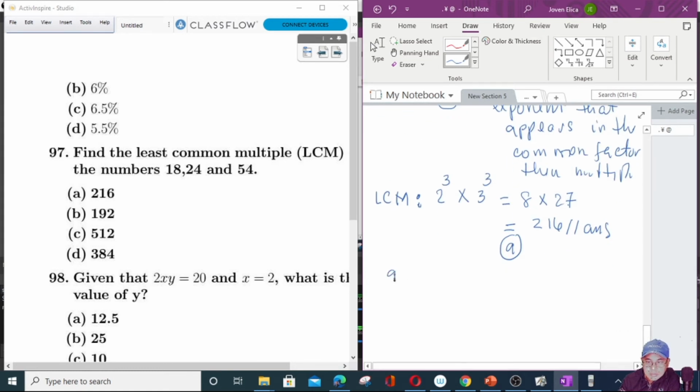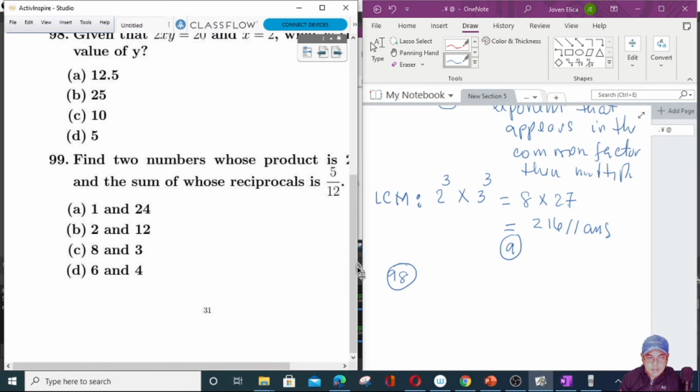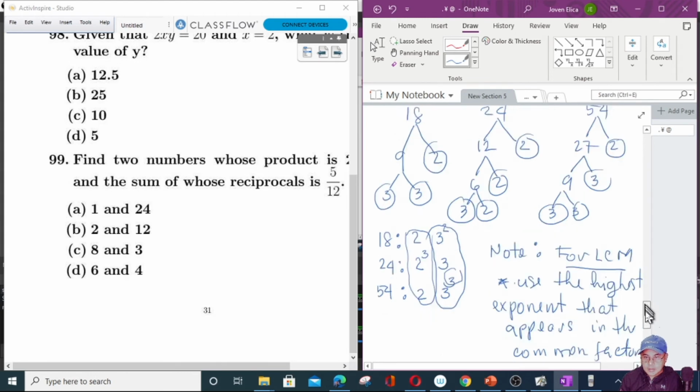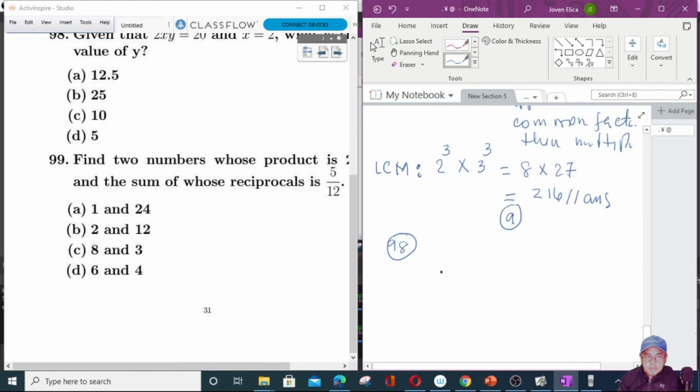Okay, so number 98. Number 98 is very easy.